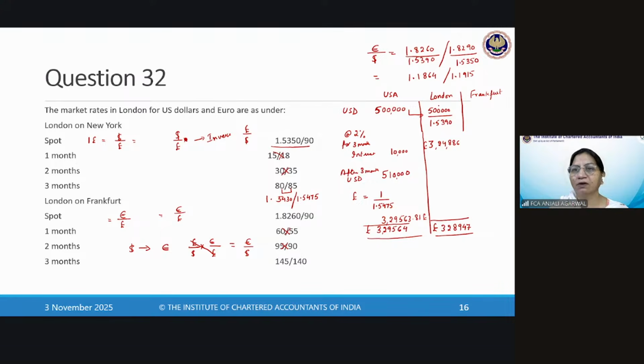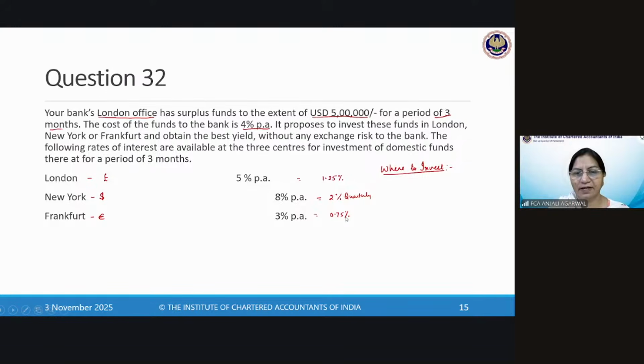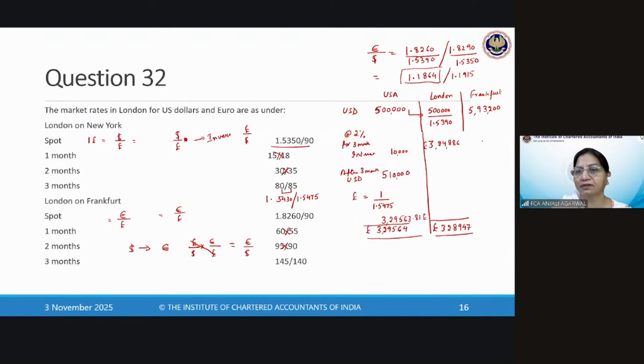Now convert the dollars to the euros. So you will sell dollar and you will get 1.1864. So 500,000 multiplied by 1.1864, you end up getting 5,93,200 euros invested at 0.75%.